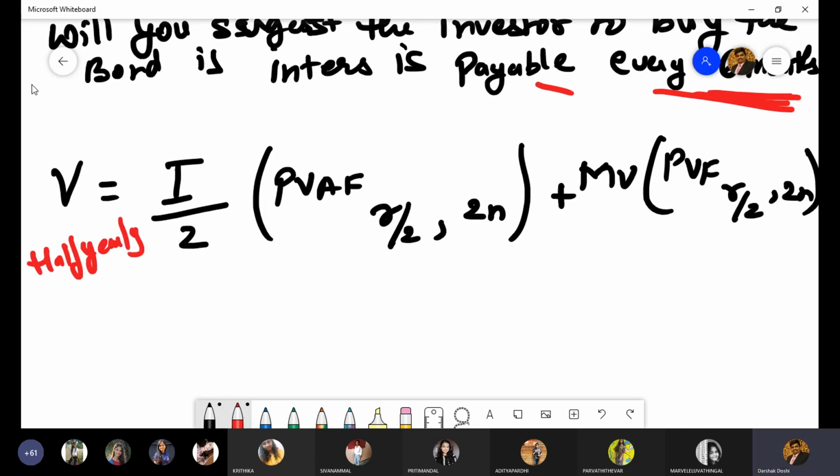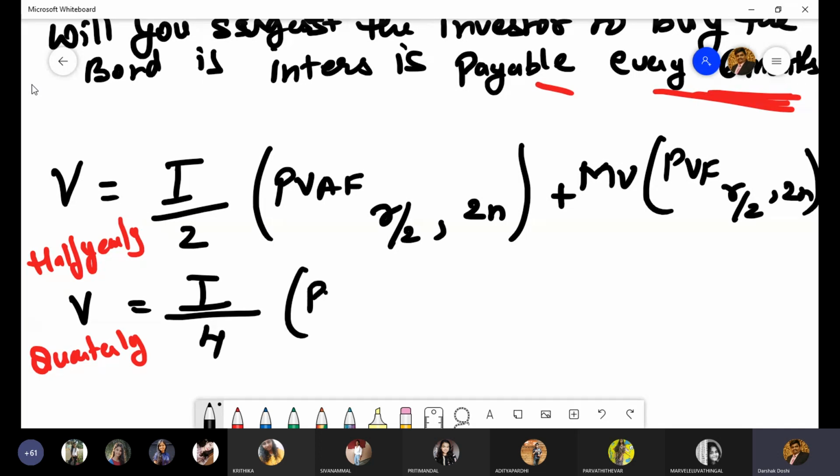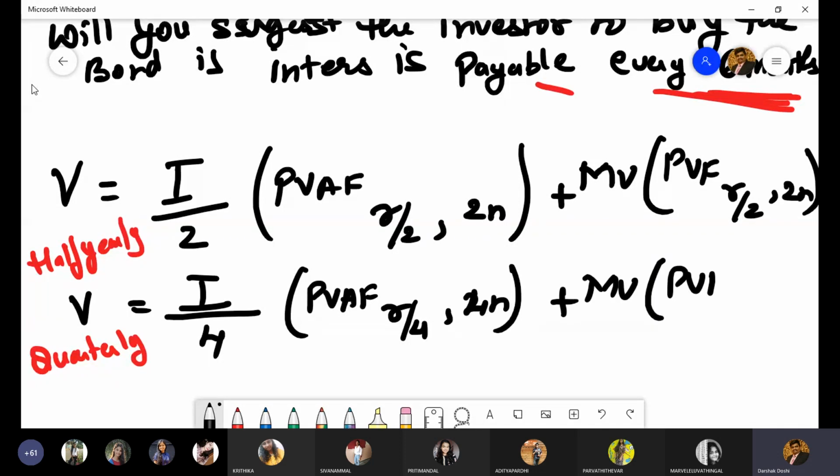If it was quarterly, the formula would be V is equal to I divided by 4. You have 4 quarters, right? PVAF R divided by 4, comma 4n, plus maturity value PVF R divided by 4, comma 4n.